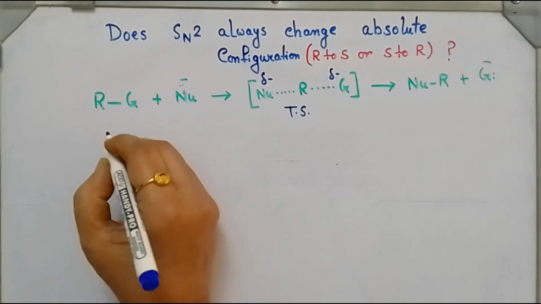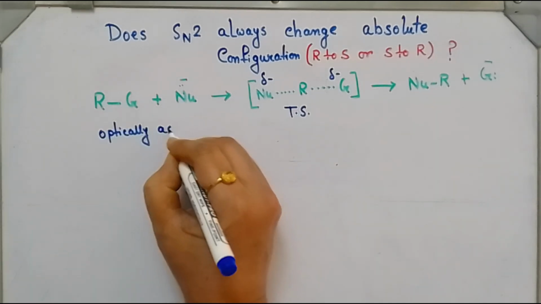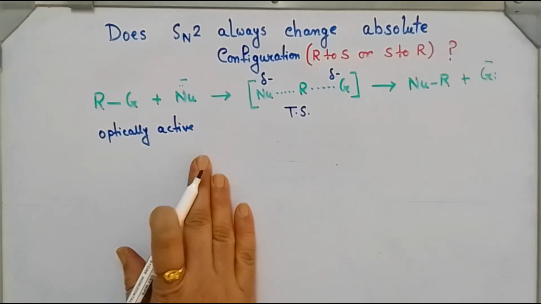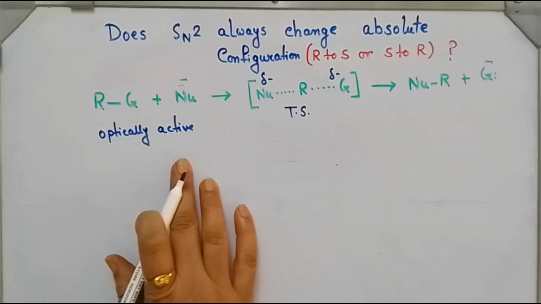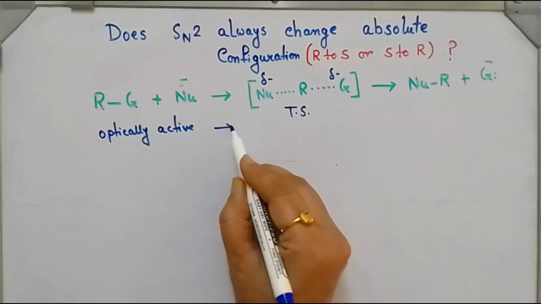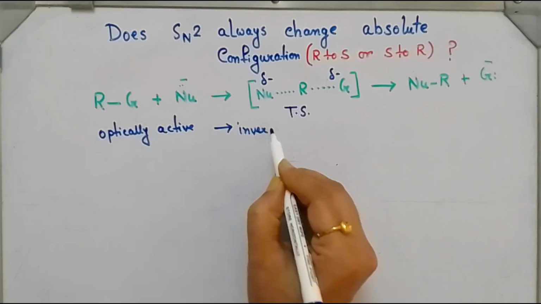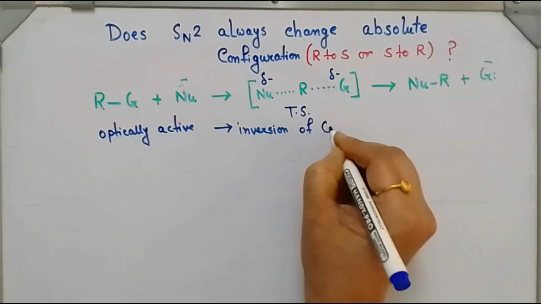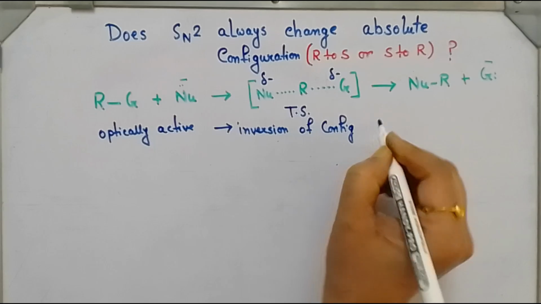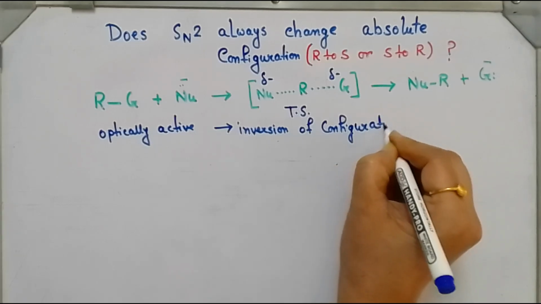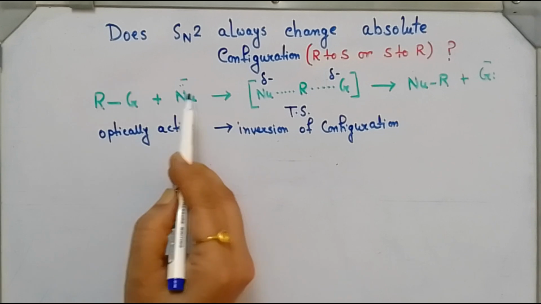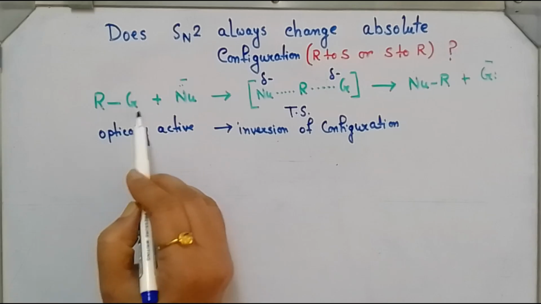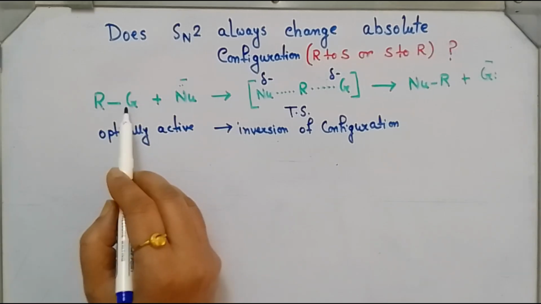Now, if you have an optically active compound or optically active halide with a chiral carbon, then what will happen? Inversion of configuration takes place, because the attacking nucleophile or incoming nucleophile attacks from the opposite side with respect to the leaving group.